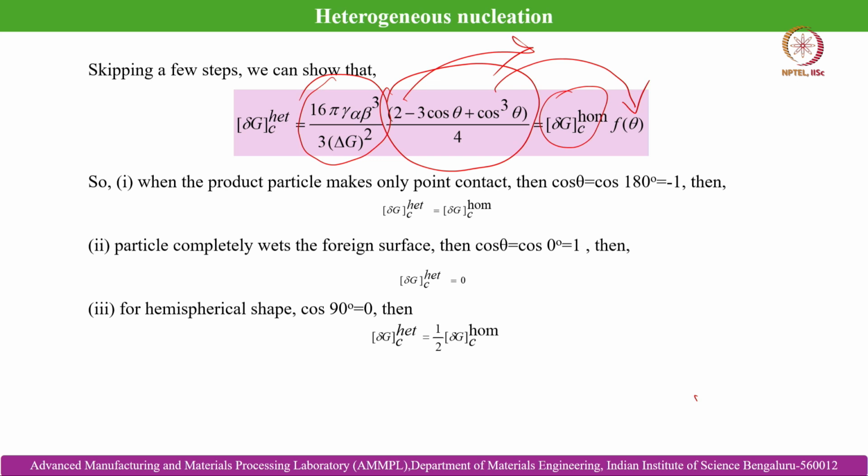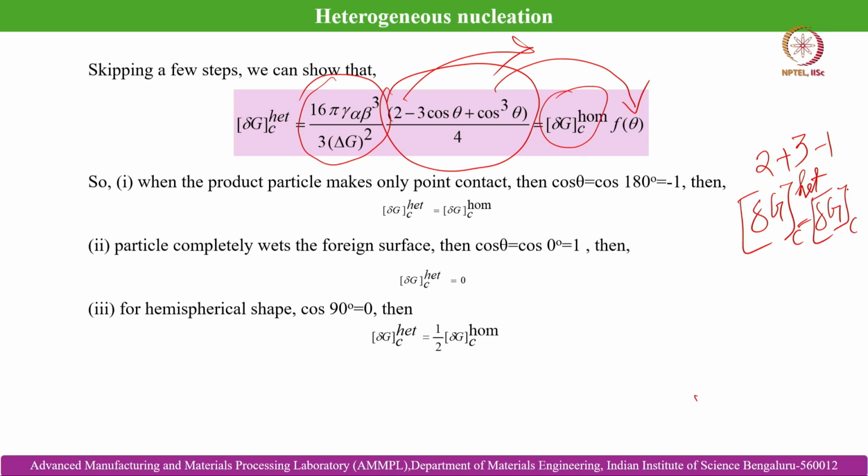If you put the value of minus 1 here, sorry, it becomes 2 plus 3 and minus 1. So delta G critical heterogeneous becomes delta G critical homogeneous.